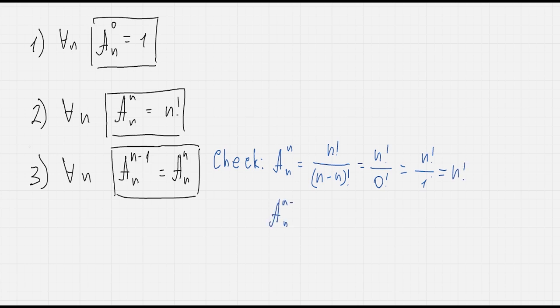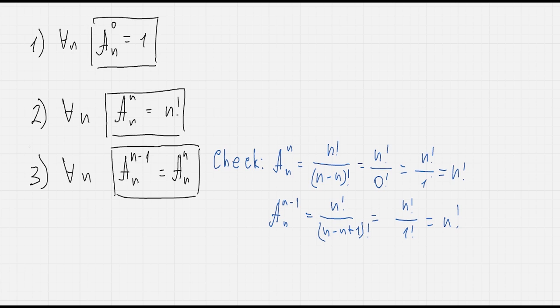A of n and n minus 1 is equal to the factorial of n divided by the factorial of n minus (n minus 1), that is the factorial of n divided by the factorial of 1, that is the factorial of n. Indeed, the formula is concise.